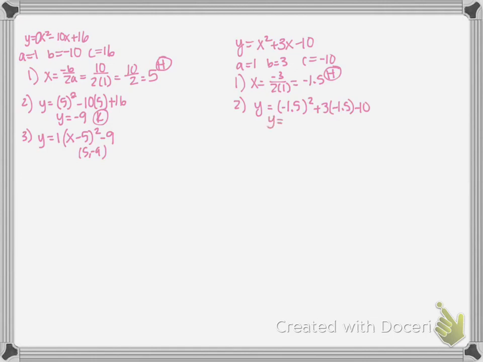If I type that whole thing into my calculator, I get negative 12.25, and I can write my equation. There's a 1 that sits in front, so I'll put a 1 right here. Flip my x value, keep my y value normal, because that represents my k. My k always stays normal, my h always flips.